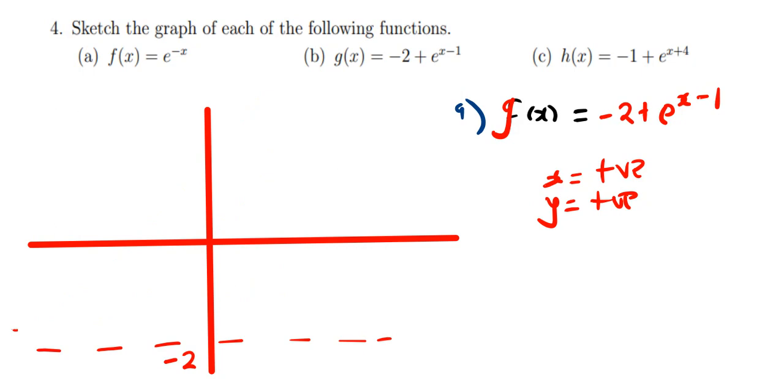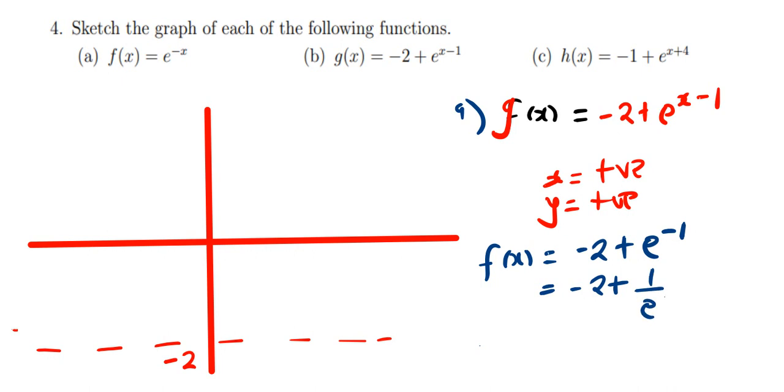On the y-intercept, x is equal to 0, so f of x will be equal to negative 2 plus e to the power x, we're saying x is 0, so 0 minus 1, that is just a negative 1. Okay, so we have negative 2 plus, you know that e to the power negative 1 is just 1 over e.